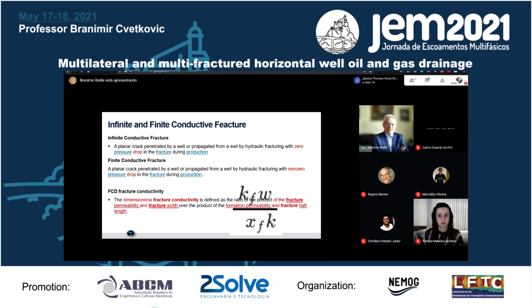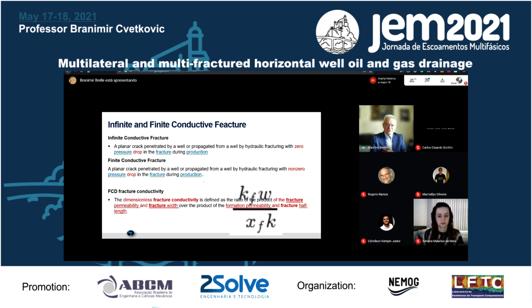So finite conductive means the planar crack penetrated by a well propagate from a well by hydraulic fracturing with non-zero pressure drop in the fracture during production. And then FCD is the fracture conductivity. The dimensionless fracture conductivity is defined as the ratio of the product of fracture permeability and fracture width over the product of formation permeability and fracture half length.